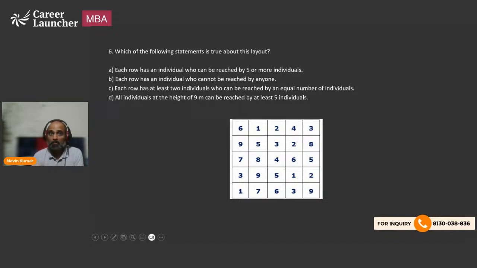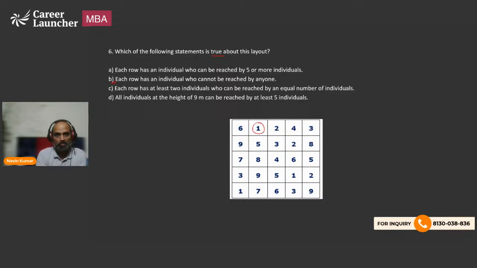Now, of course, we may have to check 3 out of these 4 cases in order to find out which one is true. So we will not start sequentially, but we should rather start with the statement that is easier to manipulate. For example, let's start with statement B. Each row has an individual who cannot be reached by anyone.